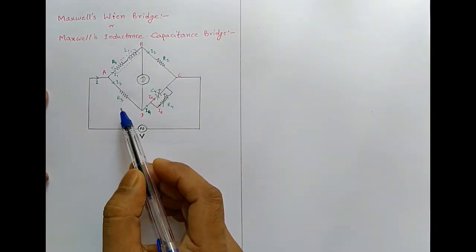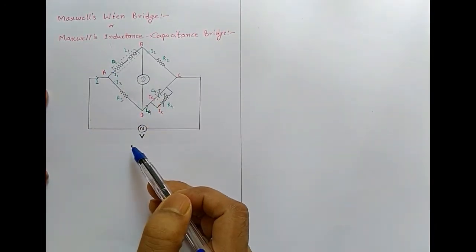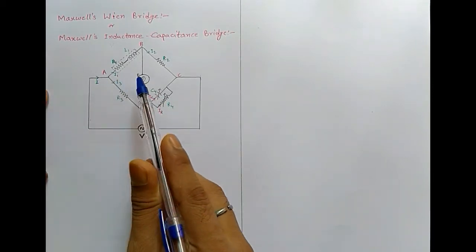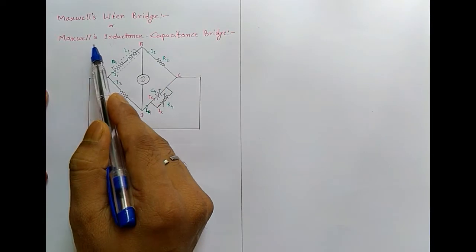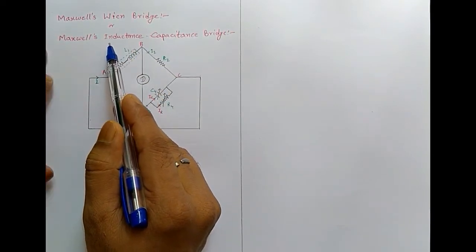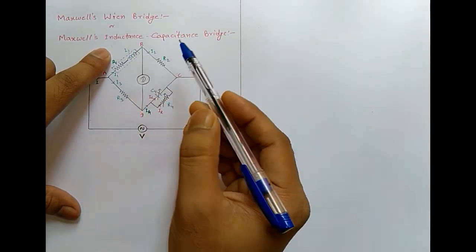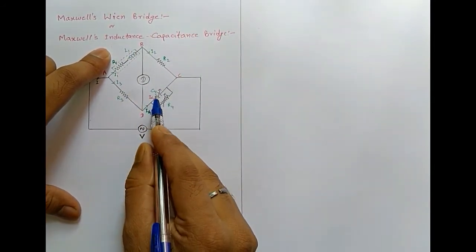So see, this is the circuit diagram for the Maxwell's inductance capacitance bridge. As the name suggests, in this bridge we will measure the inductance with the help of the variable capacitor.